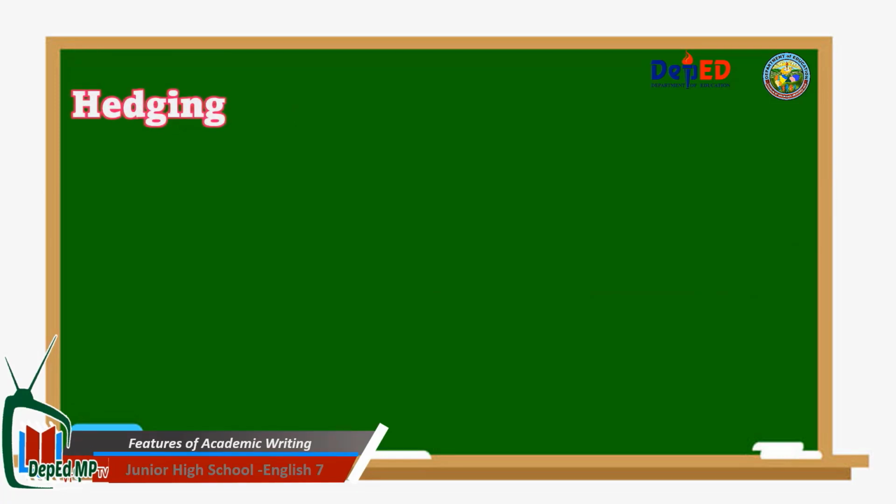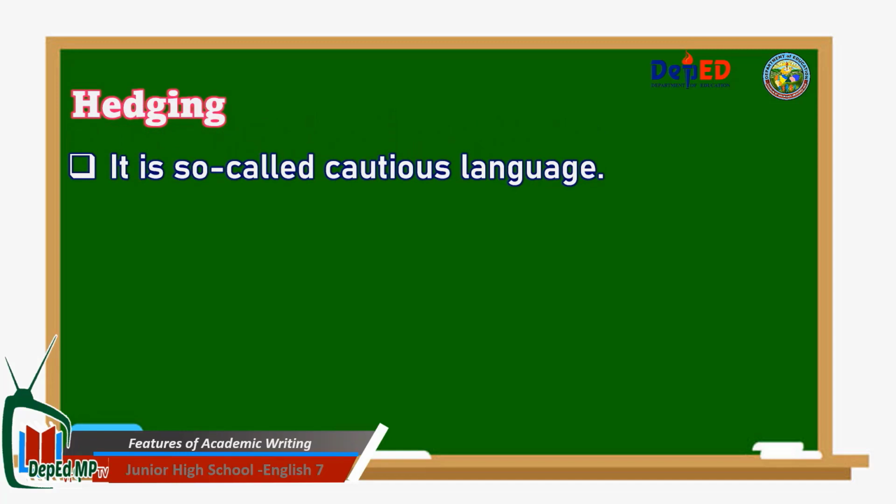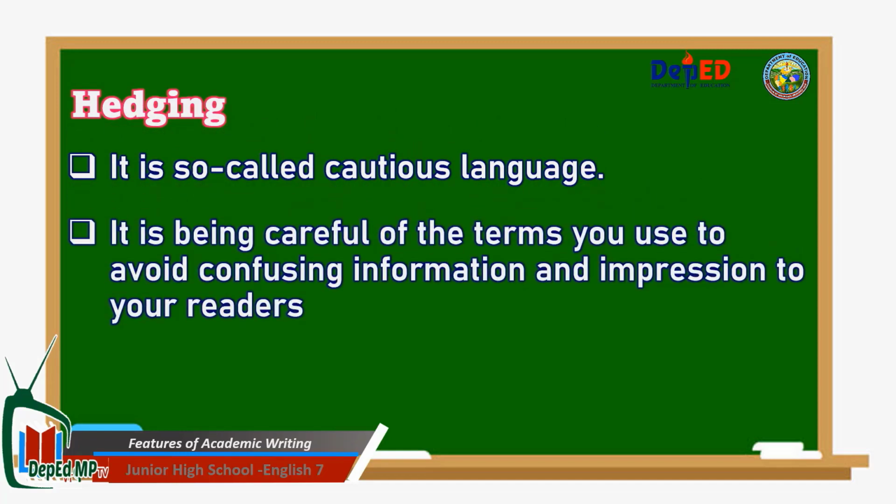Hedging! In academic writing, you reduce or minimize your risks by using devices which can mitigate or lessen your claims, which is why you need hedging or the so-called cautious language. This means that nothing written should leave room for other interpretation.